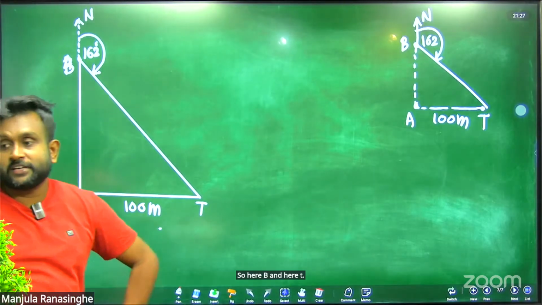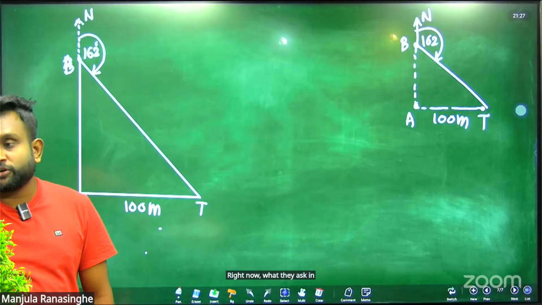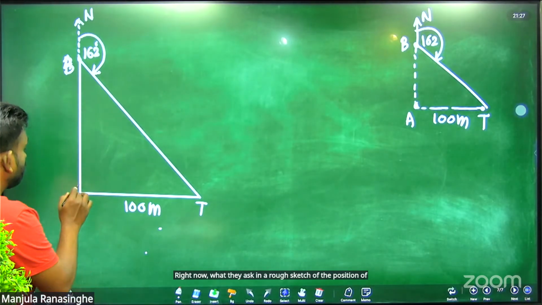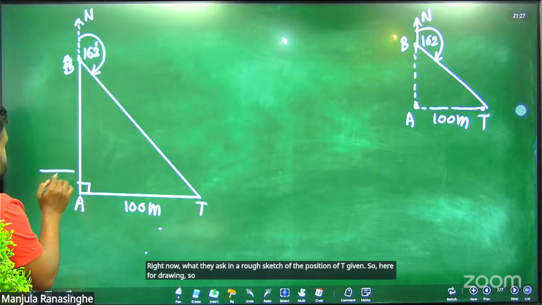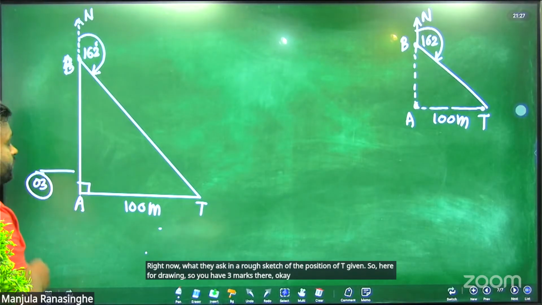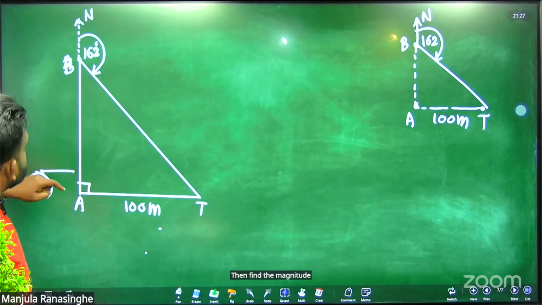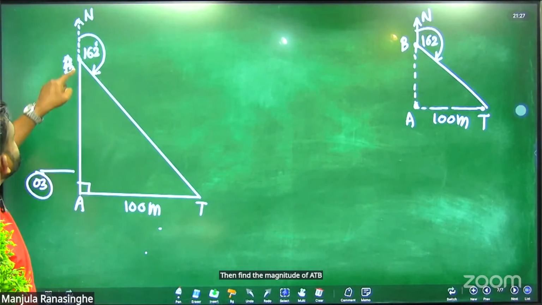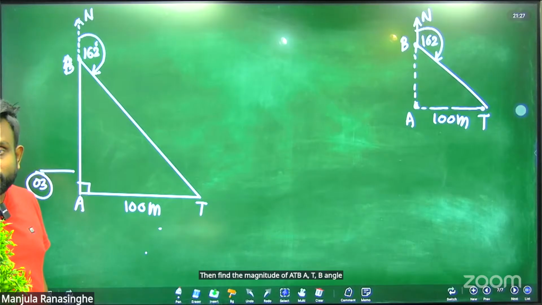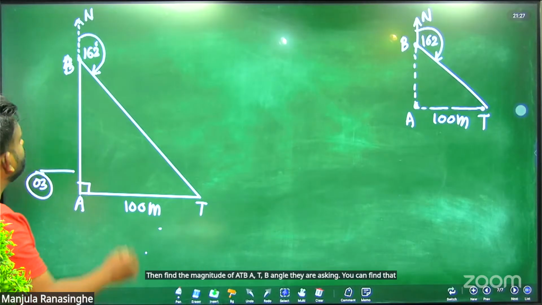Now what they ask is to draw a rough sketch of the position of T. For the drawing part you have 3 marks. Then find the magnitude of angle ATB. You can find that angle clearly. How?